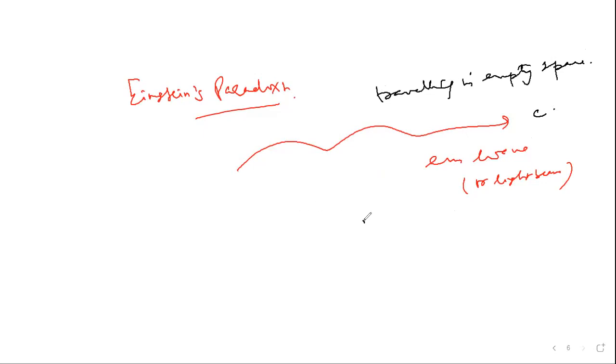Now, let me make a cartoon, you are moving with it at c. So if you were to move at the speed of light parallel to a light beam traveling in empty space, what would you observe? You would observe static electric and magnetic field patterns.